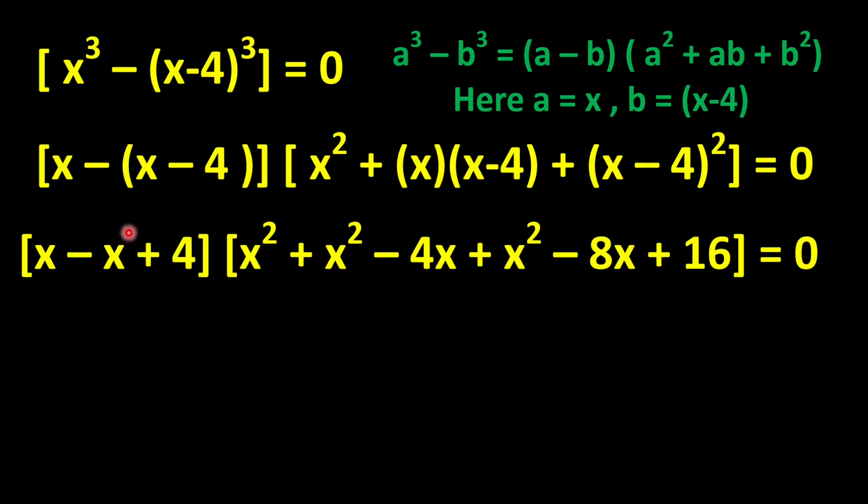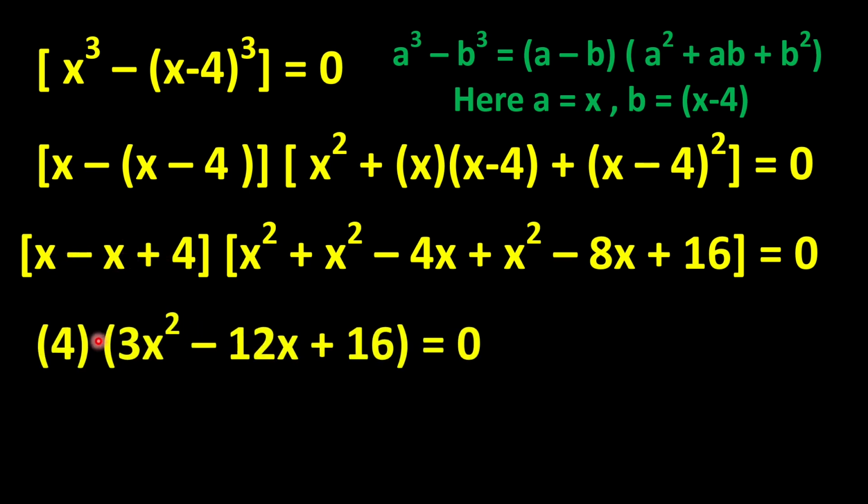And here x minus x will cancel, so this will become 4. And here x square plus x square plus x square will become 3x squared, and similarly minus 4x and minus 8x equal to minus 12x, and plus 16. So the whole equation equal to 0.